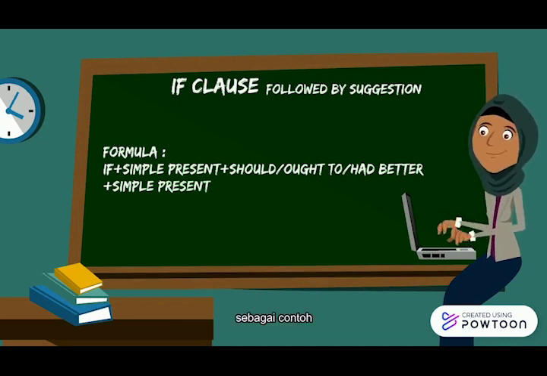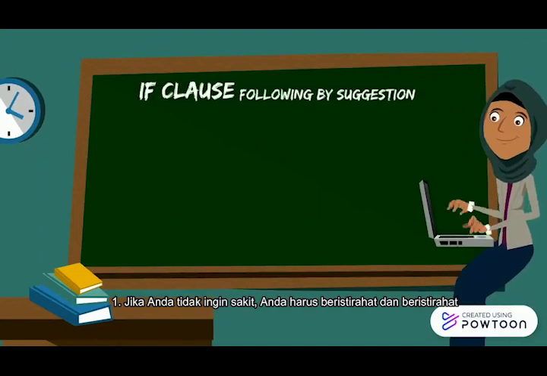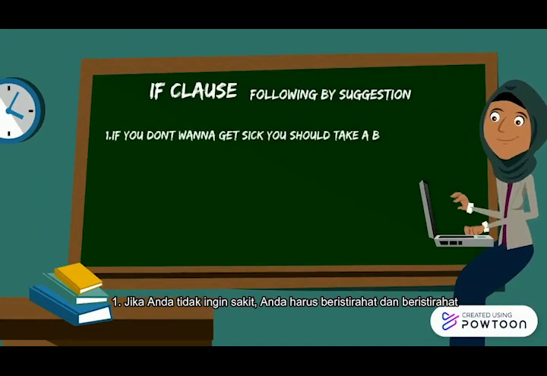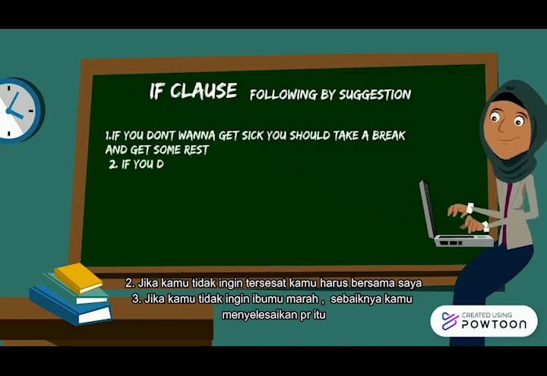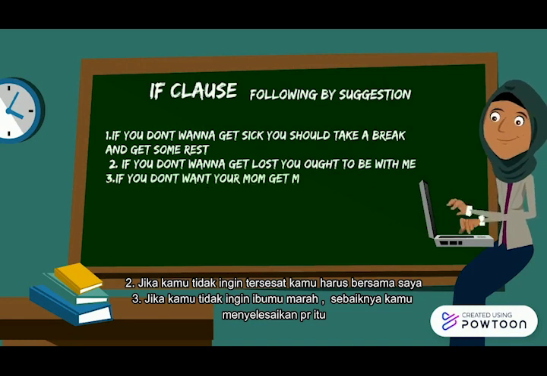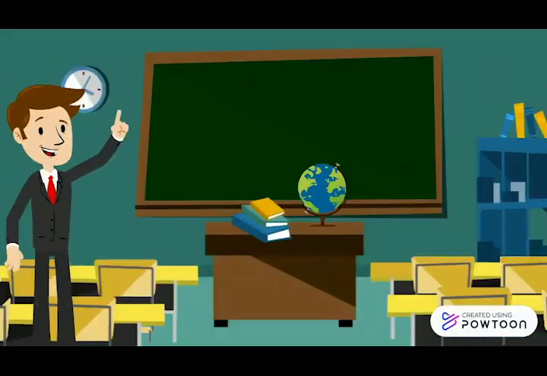Here, for example, if you don't want to get sick, you should take a break and get some rest. If you don't want to get lost, you ought to be with me. If you don't want your mom to get mad at you, you had better finish that homework.